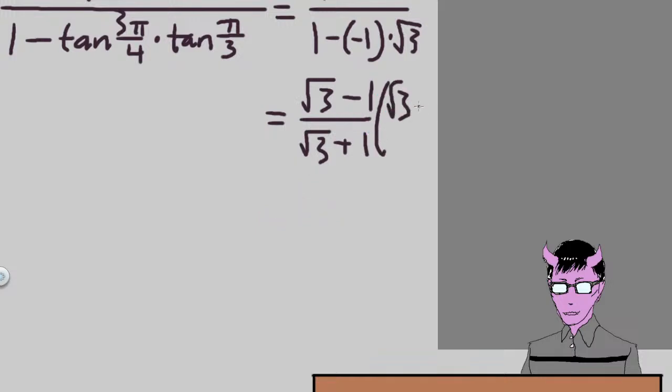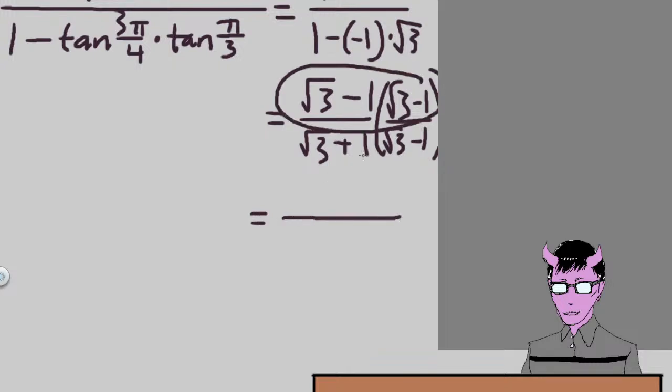We need the conjugate to match the bottom because we want to create a difference of 2 squares for the bottom portion in order to rationalize it. Top one is a binomial expansion. So this one, 3 minus 1. Top one is going to be 3. This one times 2.